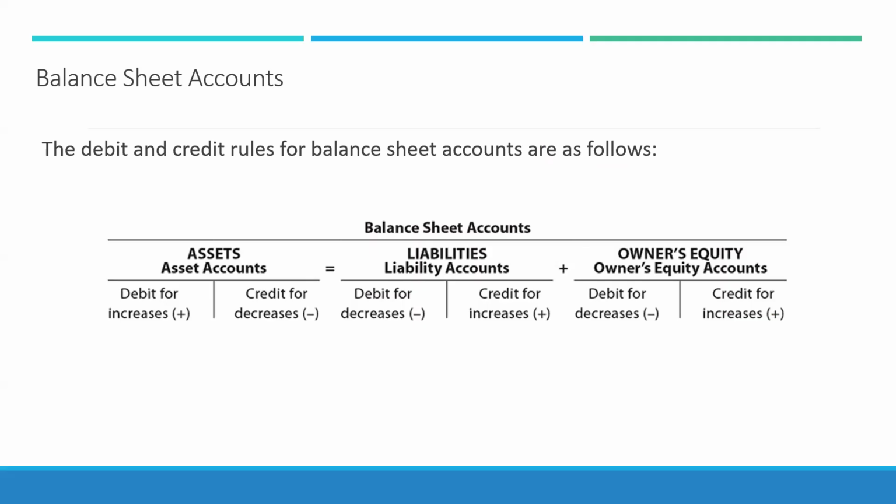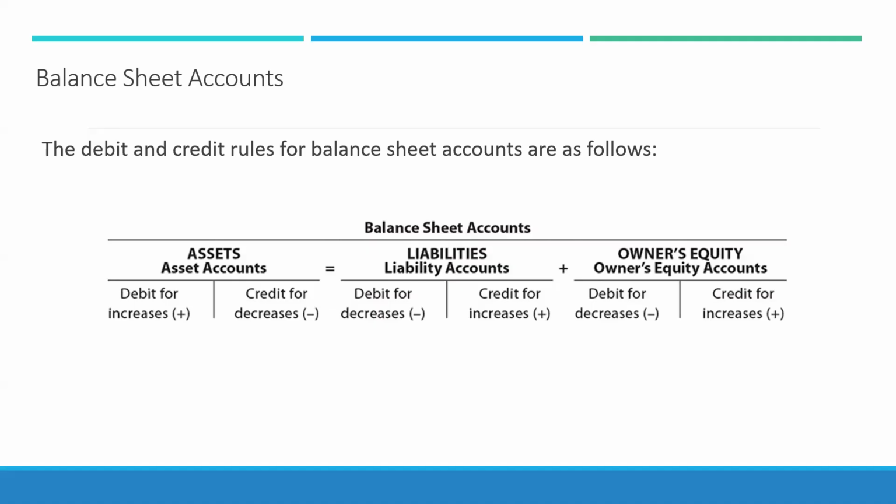Guys, put this in your notes. Assets are on the left-hand side. Debits increase assets and credits decrease assets.